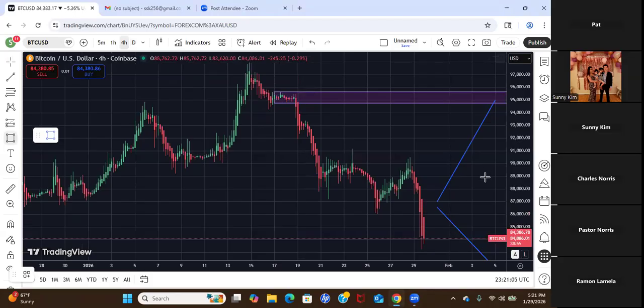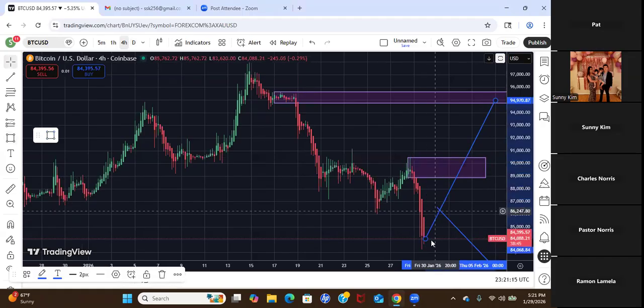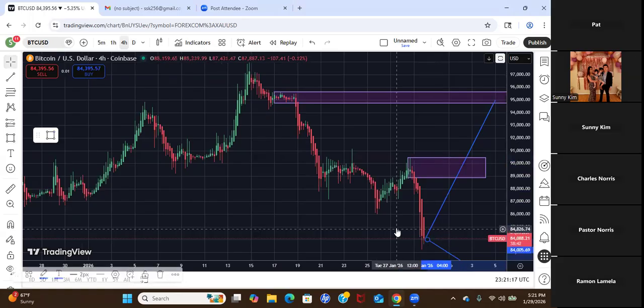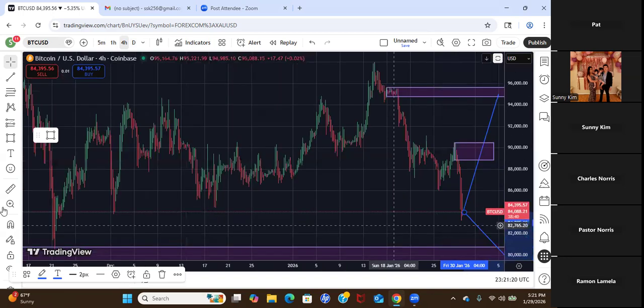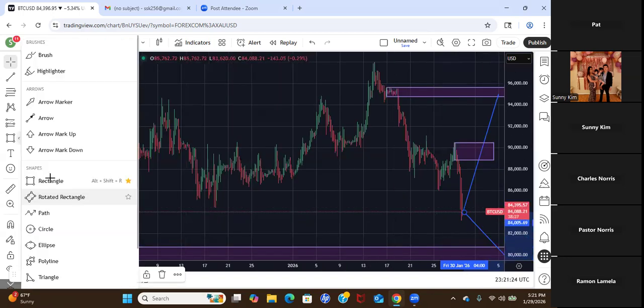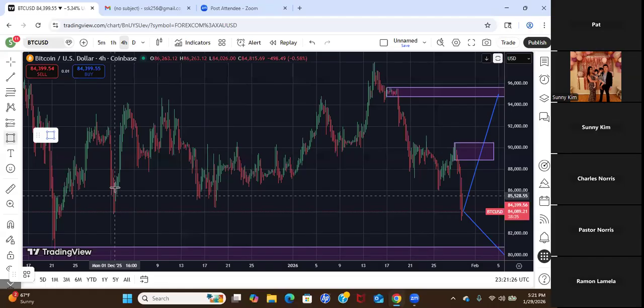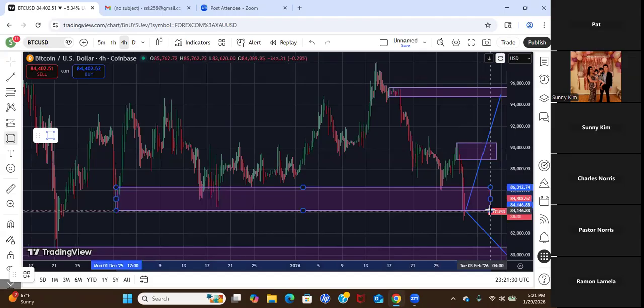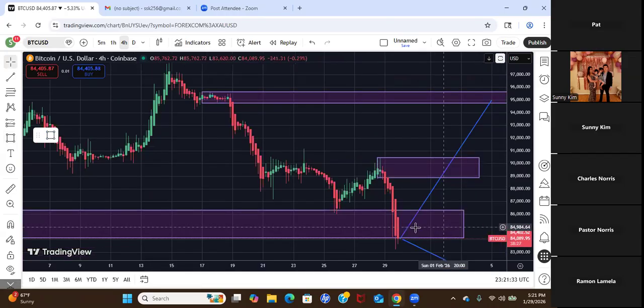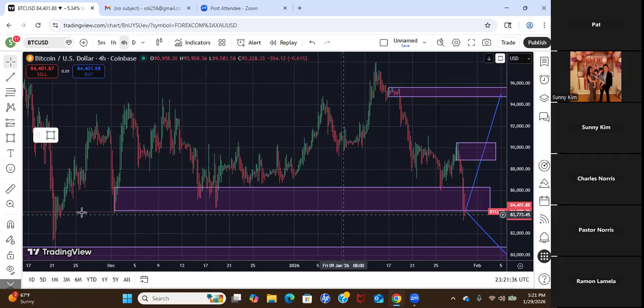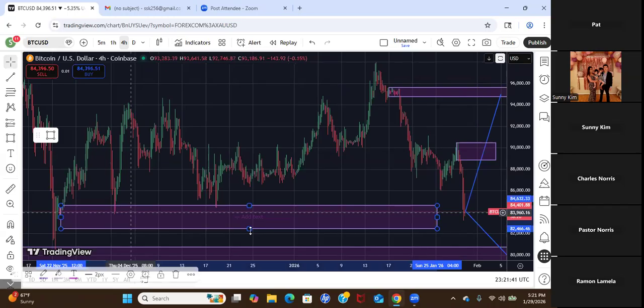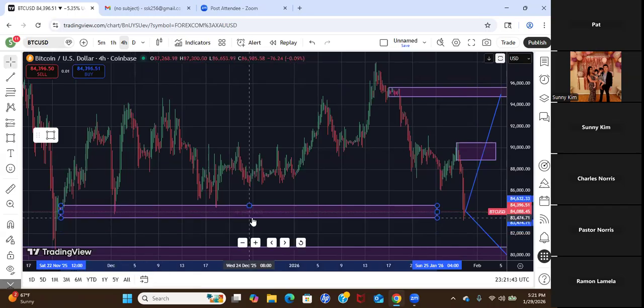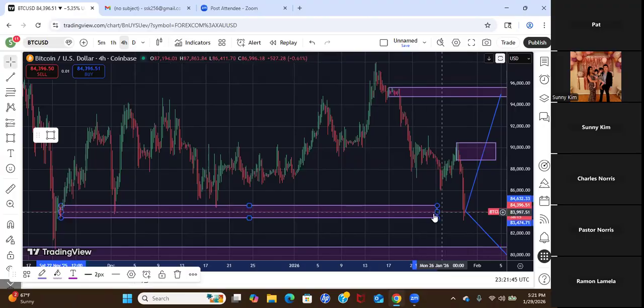So I see a closer one here, where price is right now. Actually, it's even lower now. So once you mark it on the daily, you look for the same patterns on the 4 hour.